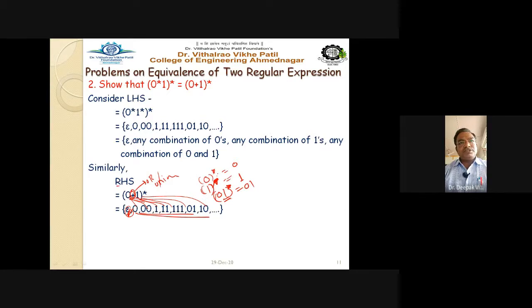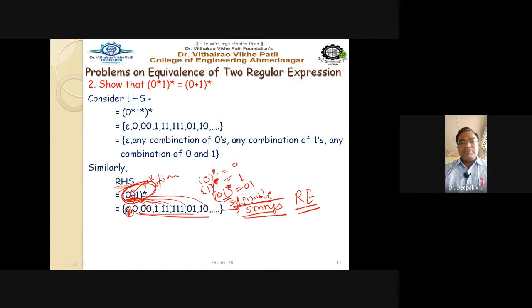Remember, these are all the possible strings given by the regular expression on the right hand side. We can say it is the set of all possible strings given by this particular regular expression.